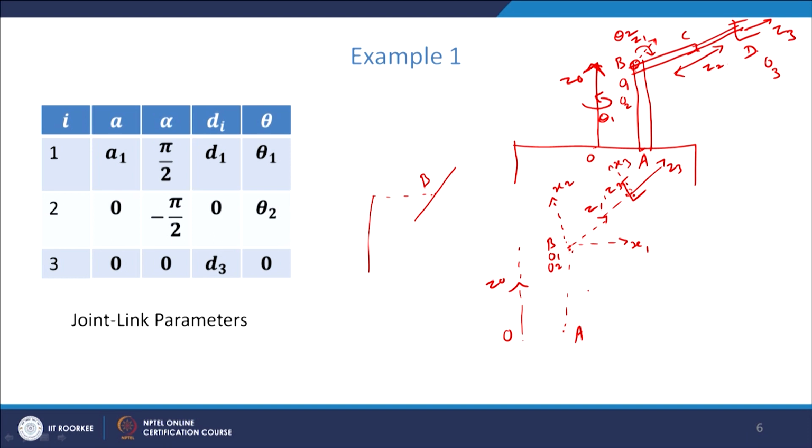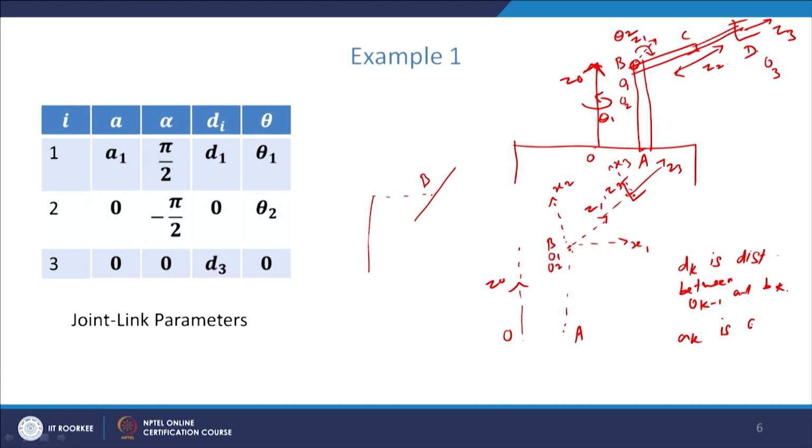And so, by fixing the points B1, B2, B3 etc., we can see that dk is the distance between Ok minus 1 and Bk.